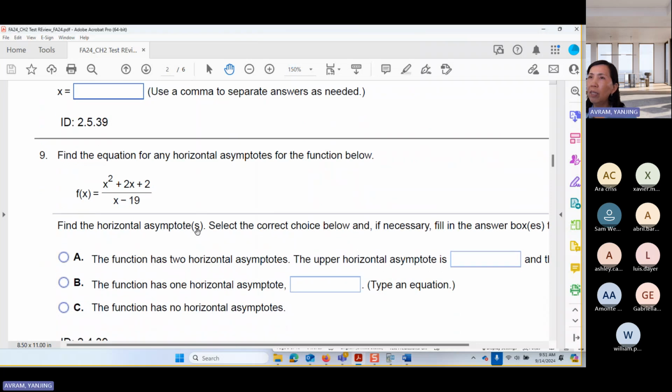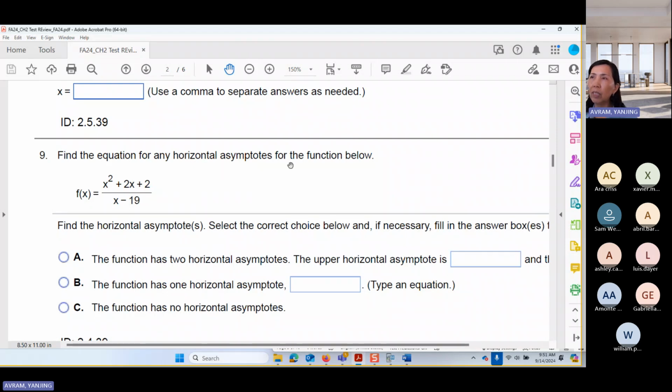All right, number 9, we want to find an equation for any horizontal asymptote for the function below. A horizontal asymptote is where, when x gets really big, y becomes a fixed number.